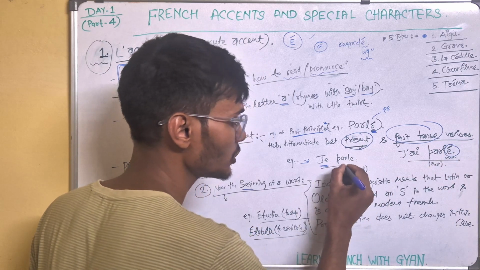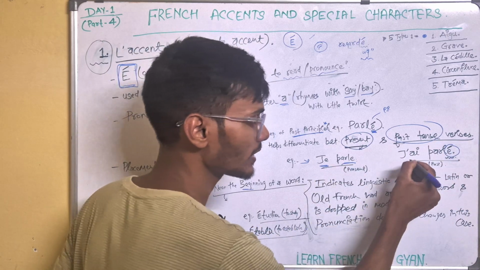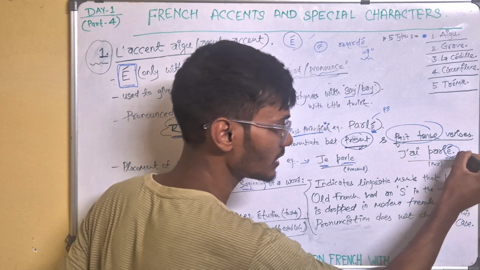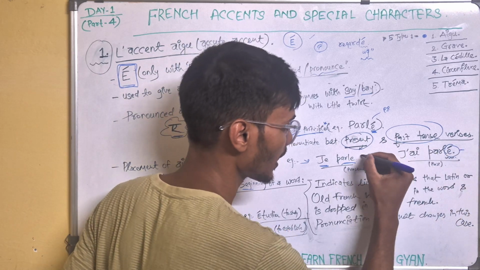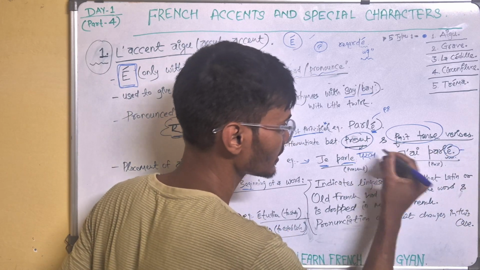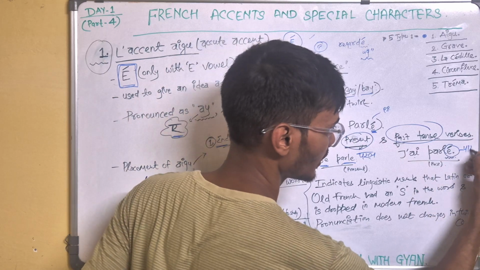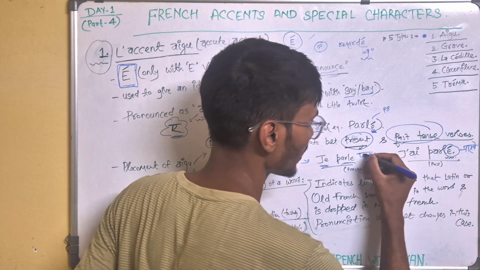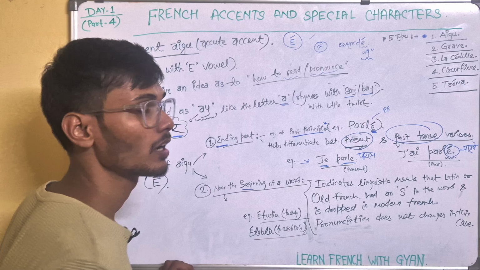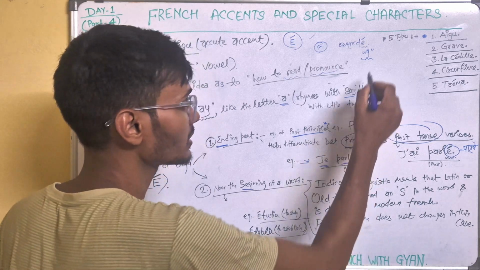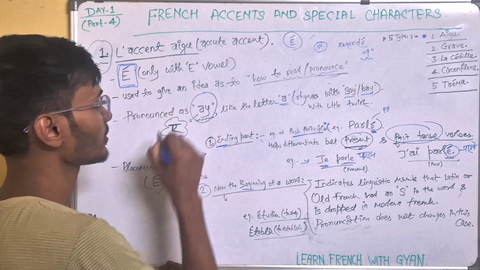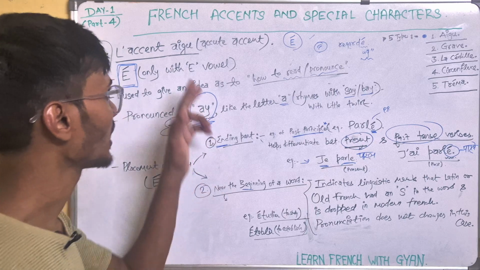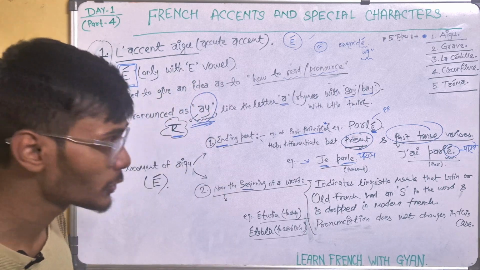We are saying only 'parle' here, and we are saying 'parlé'. This is the phonetic separation. This is 'parle', and I'm writing it in Hindi, and this is 'parlé'. A sound is coming there, right? This 'ay' sound is coming out of this accent aigu.